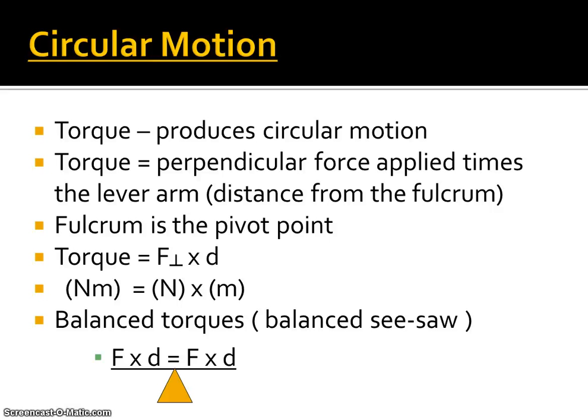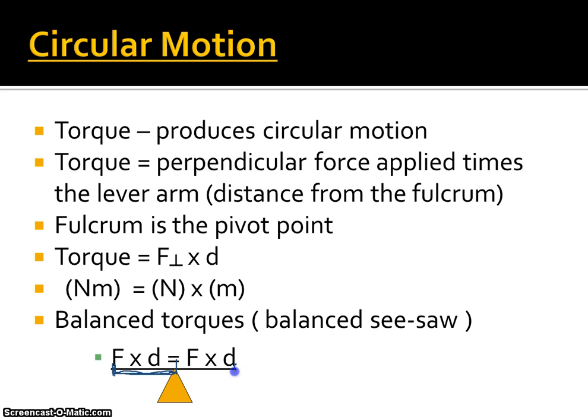Our final concept dealing with circular motion is called torque. So if you look at the definition of torque, it talks about the force being perpendicular, a lever arm, and something called a fulcrum. Well, the lever arm is basically from right here to right there. That distance right along that path is the lever arm.